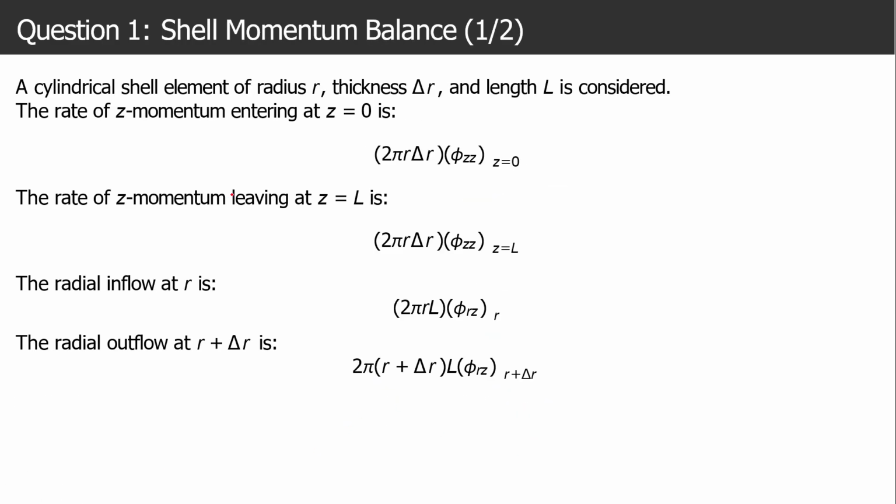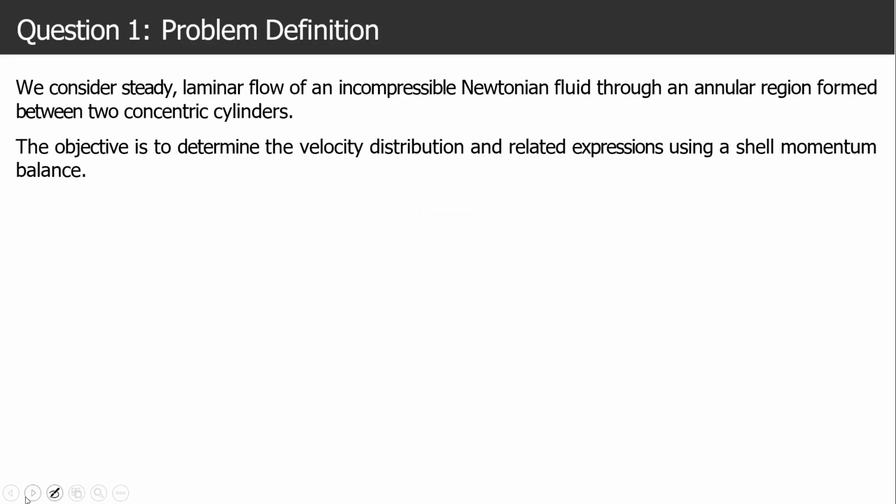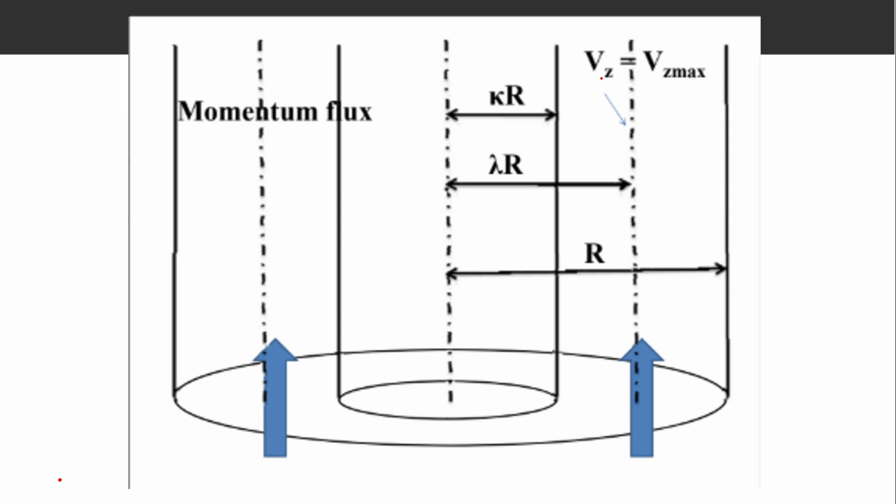So let's go further. Now let us assume a cylindrical shell of radius r, thickness delta r, and length L. I will show you how the cylindrical shell will look, somewhat like this.